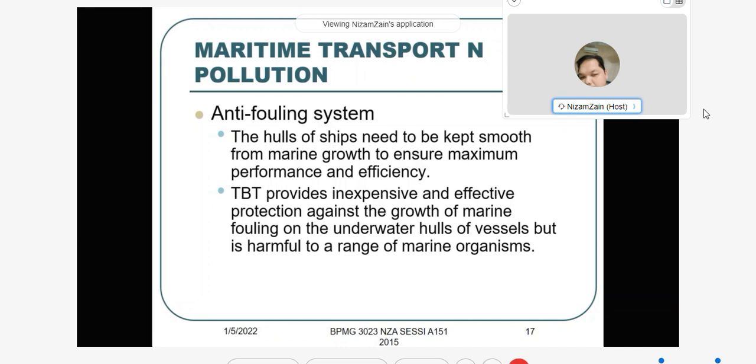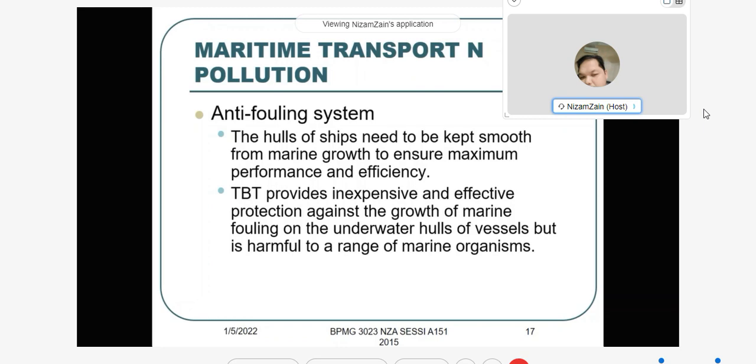TBT is cheap and effective in clearing the marine growth, but it is very harmful to the microorganisms, right?